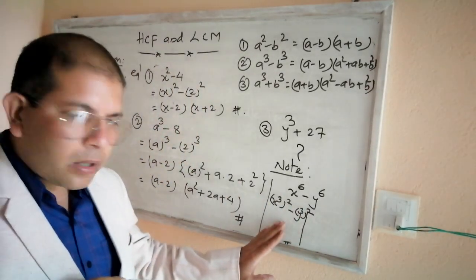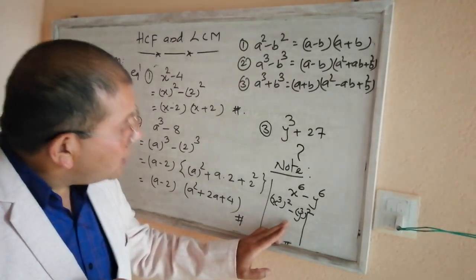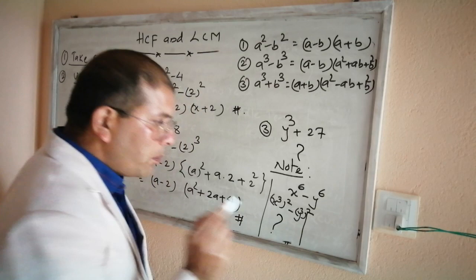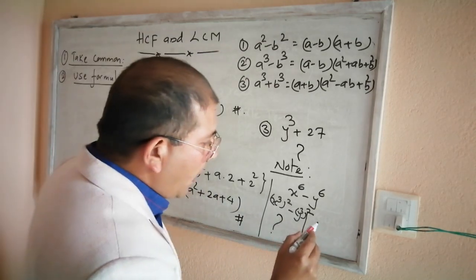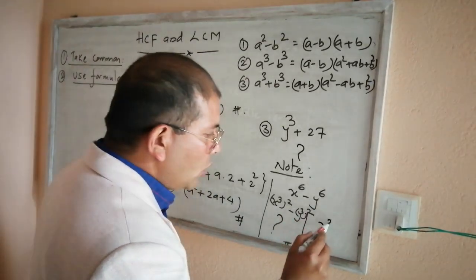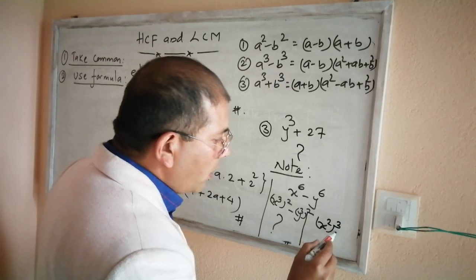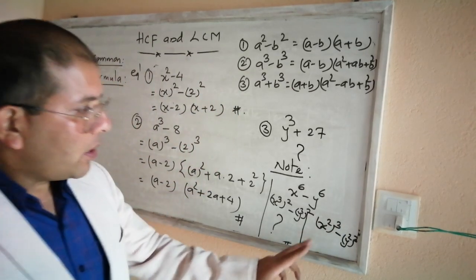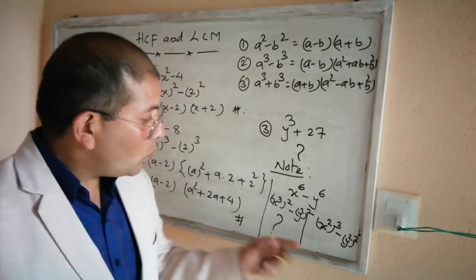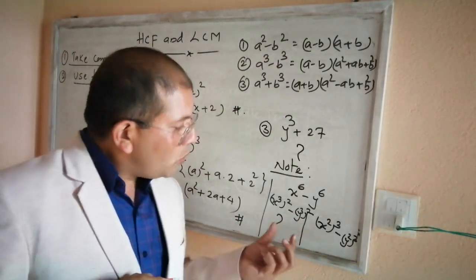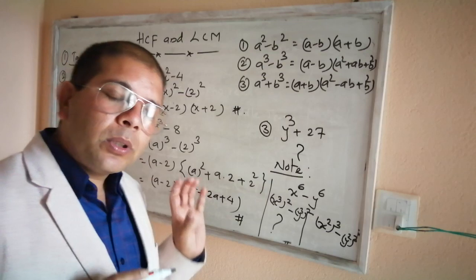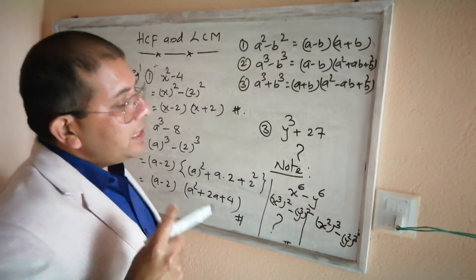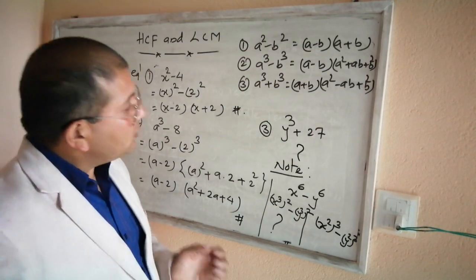Then you can use the formula in this form. But another form is (x square) whole cube minus (y square) whole cube. This is another format, so we have two formats. You can do it by both methods, but which one is easy for you?